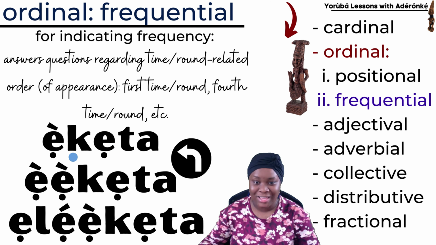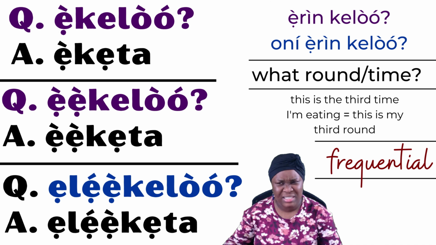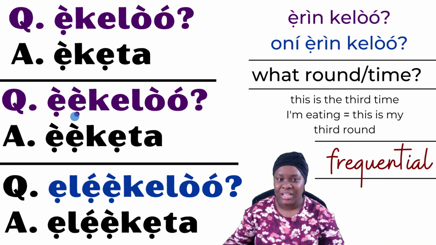So if you like, you can say eketa, you can say eketa, and you could say eleketa, eketa, eketa, eleketa. Any one you choose would work. The one that people would use would depend on the question, although not necessarily. It doesn't have to. But many times, if somebody asks a question with ekelo, you say eketa.